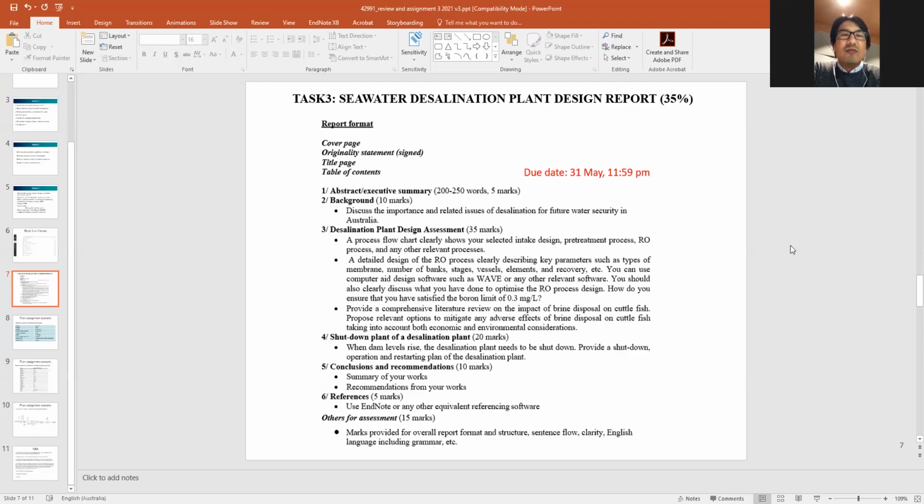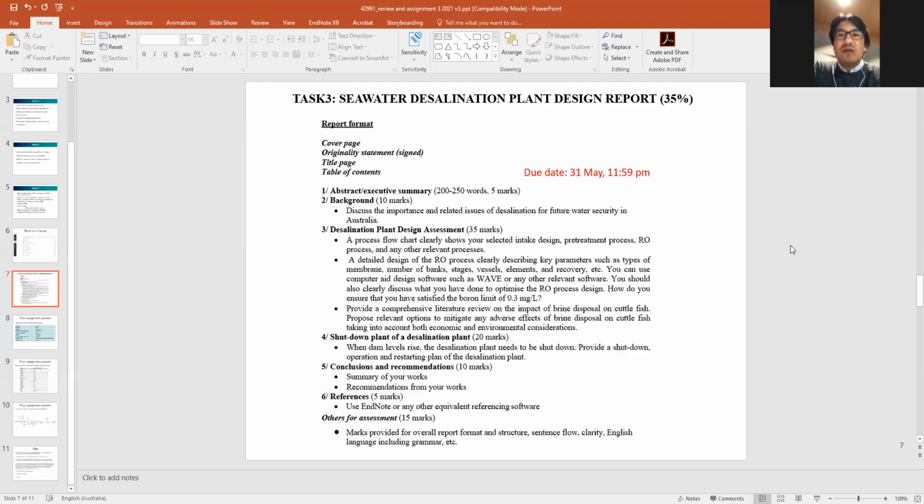But they do have lots of information on what it's about and how they process it. But especially on when the dam level goes up, they haven't provided much information on what they're going to do when it's shut down and how they're going to reprocess that. I've spent a couple of hours just on that part. I did find lots of information on the other ones, but with this one, I'm just worried because it weighs 20 marks.